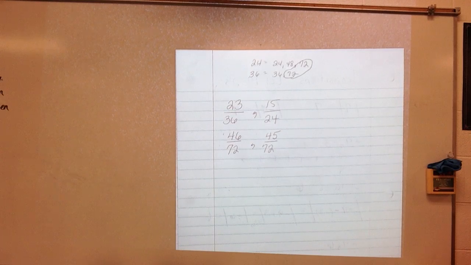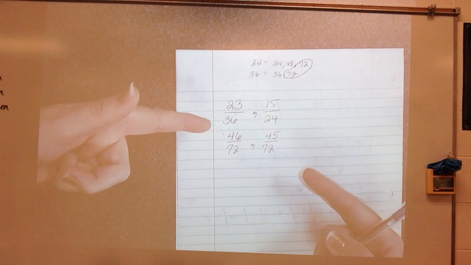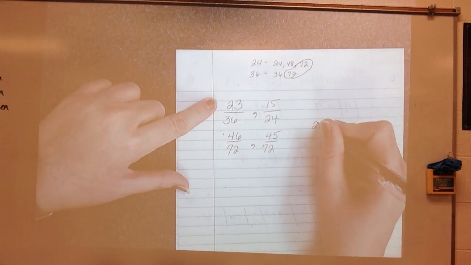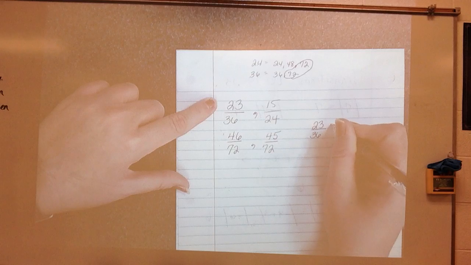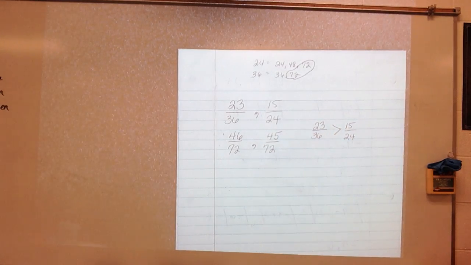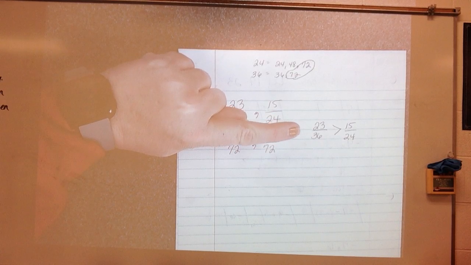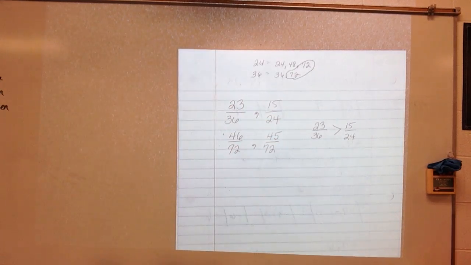Now, going back to my original fractions, I can see that 23/36 is greater than 15/24. And you're going to have to write out these greater thans and less thans. You're going to have to be able to do that, so make sure you're paying attention.